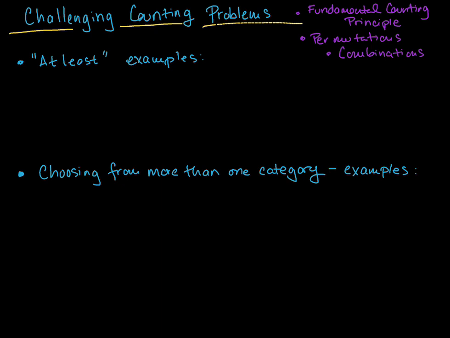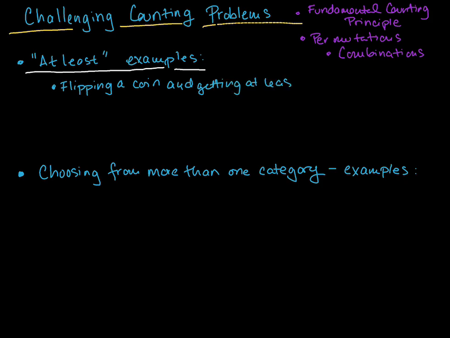All right, so one type of counting problem is the at least type, which could also be at most, but I'm going to stick to at least for this video. So examples would be like flipping a coin and getting at least one tail.